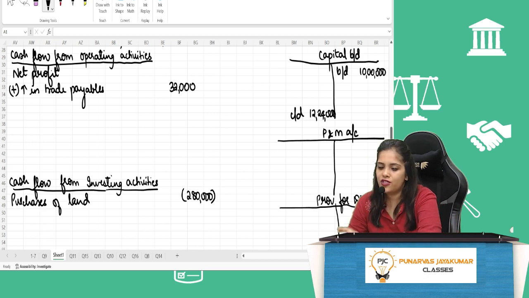Now provision ka, in the adjustment, they have told balance brought down was 2 lakh. Balance carried down was 3,60,000. No, 320. Sorry, 3,20,000.